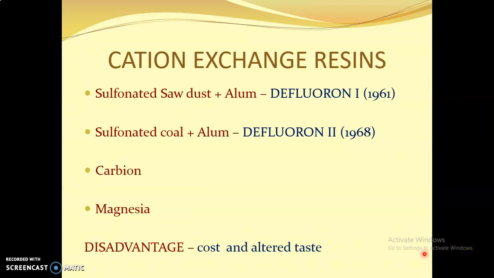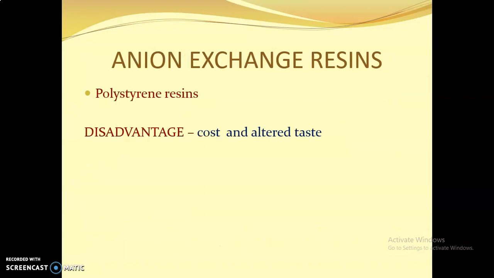And the basic disadvantage of cation exchange resins is the cost and altered taste. Similarly, the anion exchange resins are polystyrene resins. They also are costly and alter the taste. So these are the few examples of anion and cation exchange resins that work on ion exchange process.